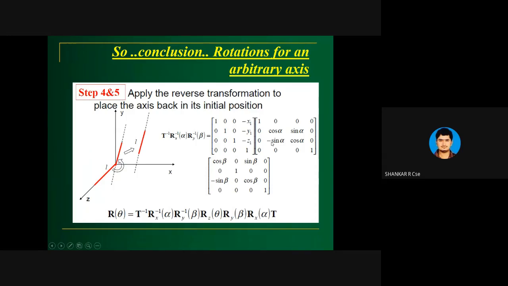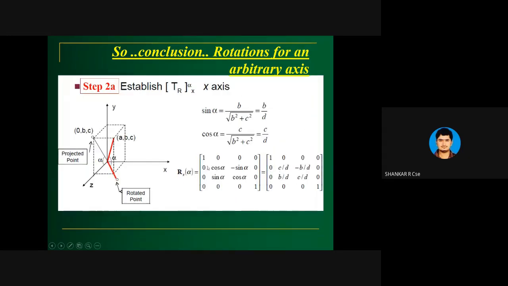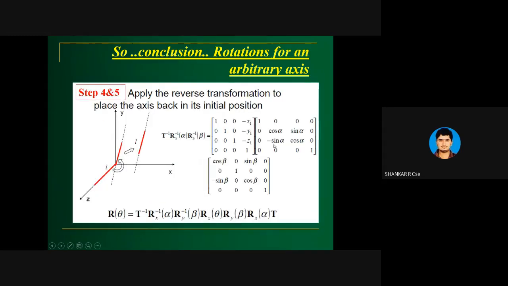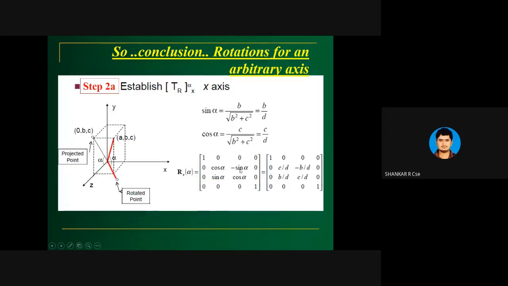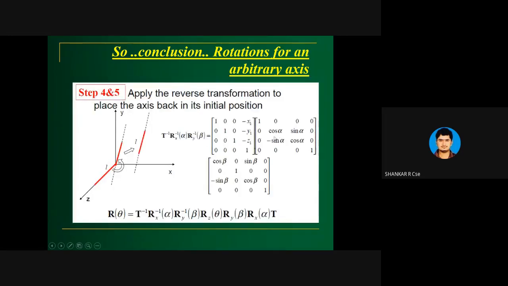For example, step 2a: you can see cos, minus sine, cos. The inverse of that is cos, sine, that is cos, minus sine. The row major, make it as column major, that is cos, minus sine, and sine, cos is here.